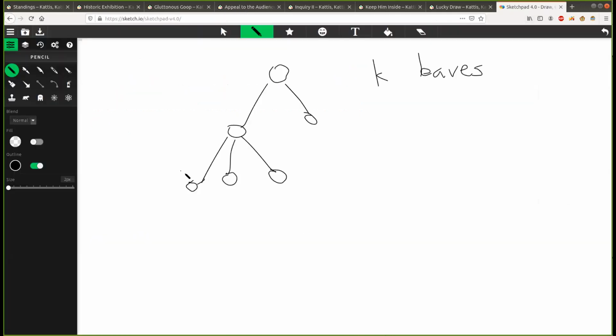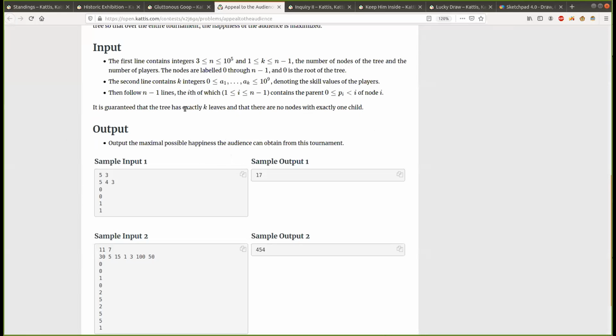They said no node has exactly one child, but if there are three people that can play, the strongest player wins. I think the game has to be pairwise. It says no node contains exactly one child. Anyway, maybe the solution doesn't depend on that. It doesn't really depend on it.